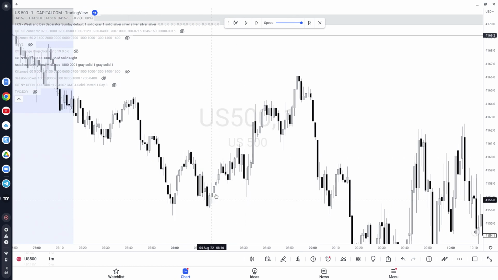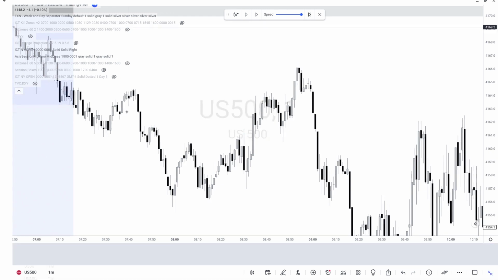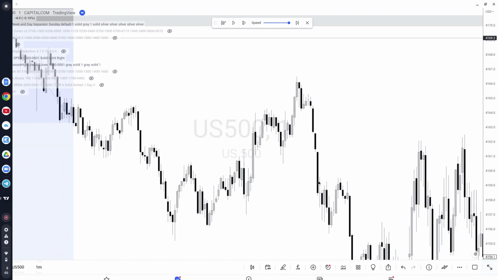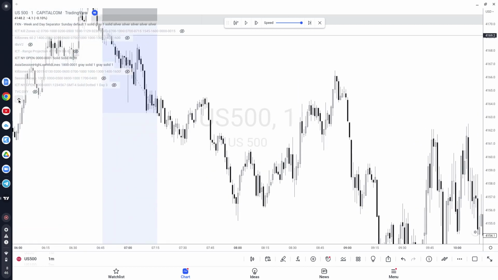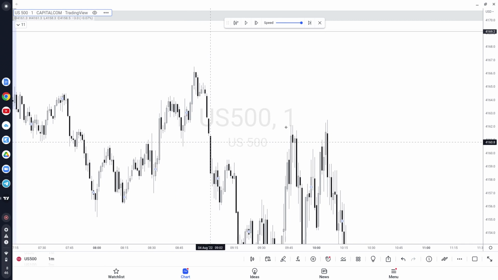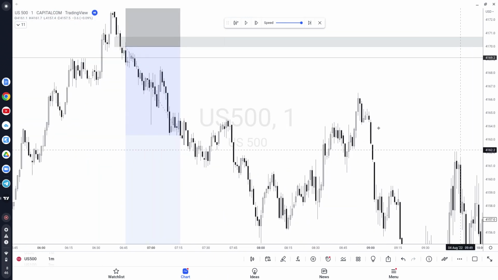I would much rather see a huge imbalance, but I don't necessarily see it there. So I would not have engaged, which I did not engage with the buys on this. But this is something fun right here that I'll show you guys.